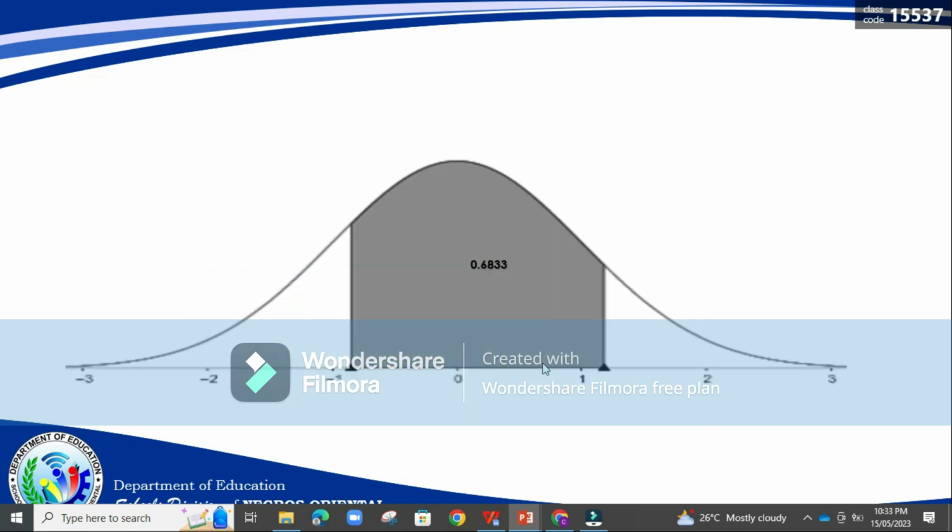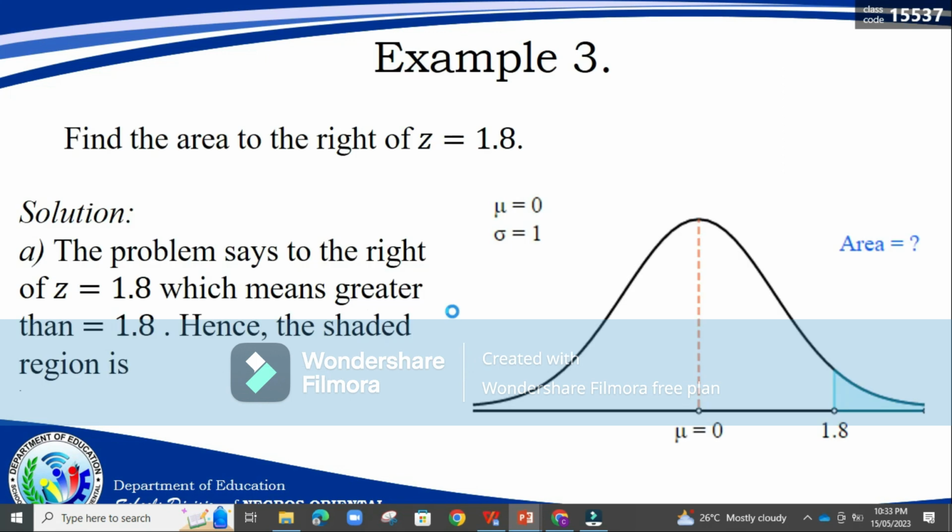Okay, so in the normal curve, this is how you're going to look at it. So you're going to place the area 0.6833.